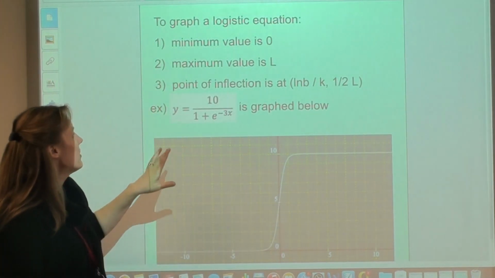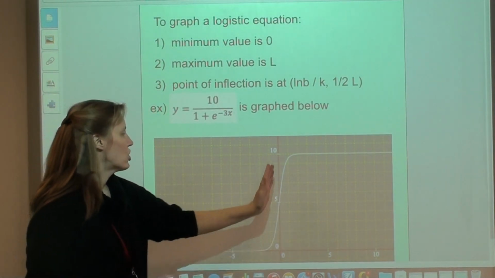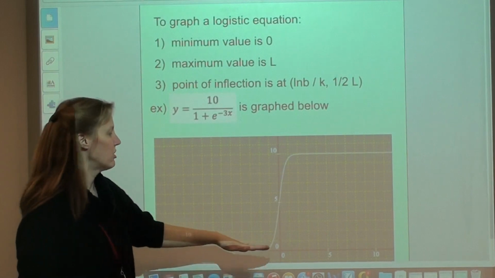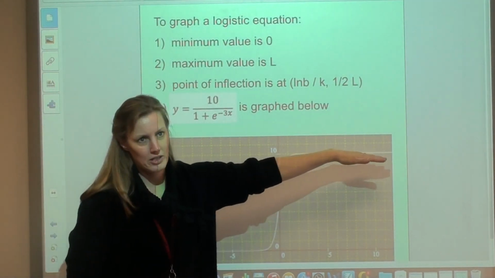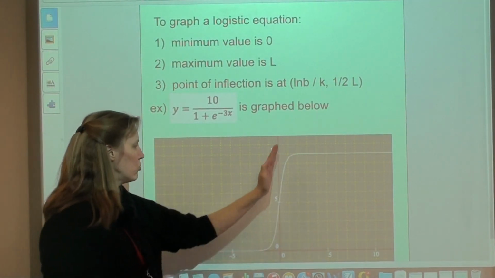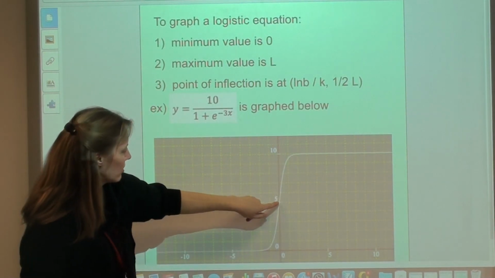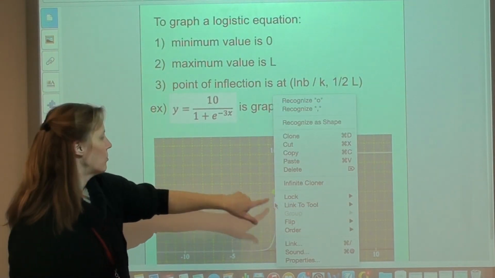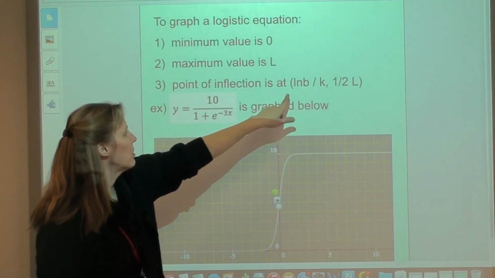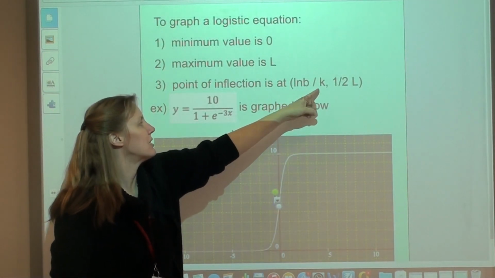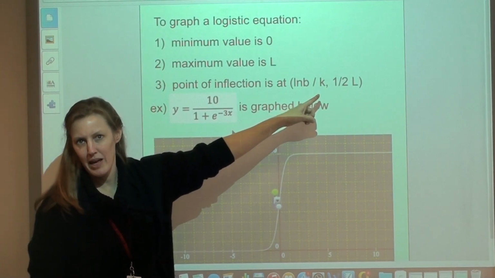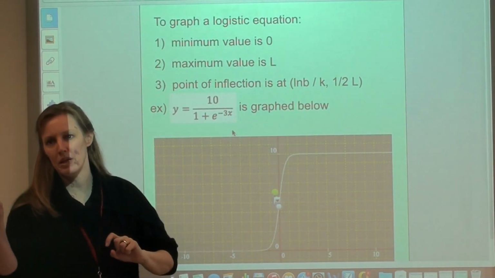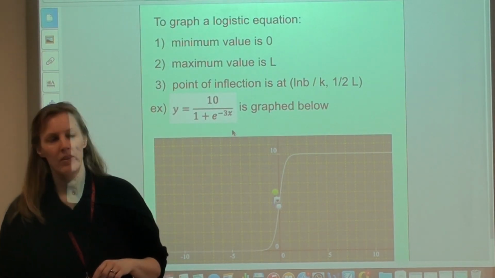The change from the lower horizontal asymptote to the upper horizontal asymptote, you get this little whoop thing. And the center of that is a point of inflection. The x value of this inflection point is ln b over k, not ln of the quantity, but just ln b divided by k.